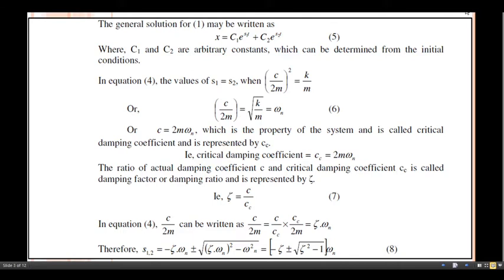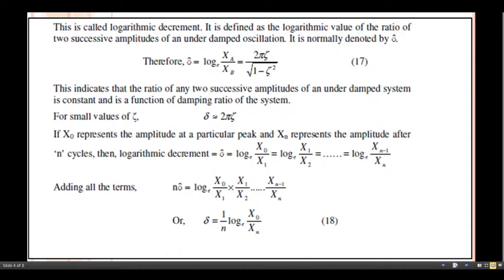We have studied this relation earlier, while discussing logarithmic decrement. The logarithmic decrement delta equals 2 pi zeta divided by square root of 1 minus zeta square.